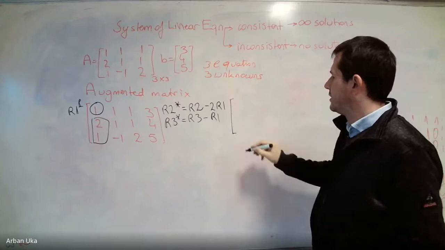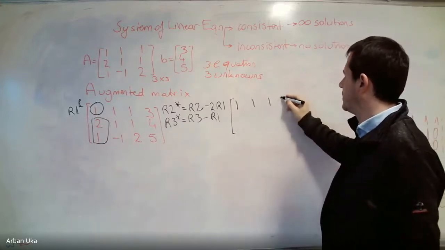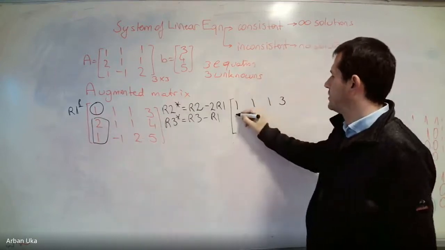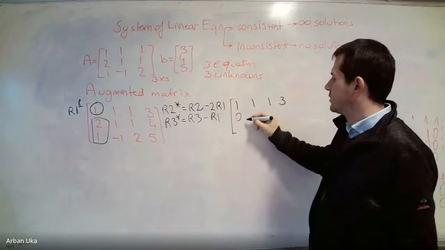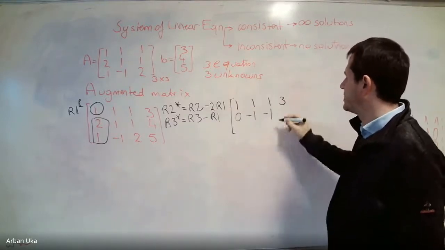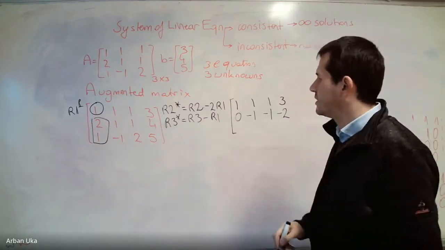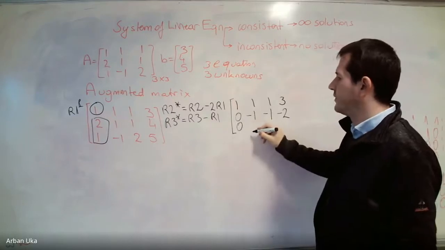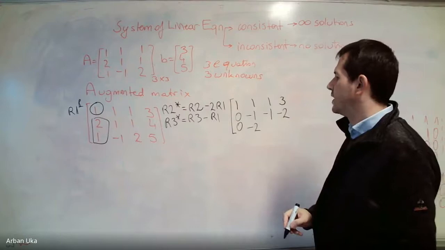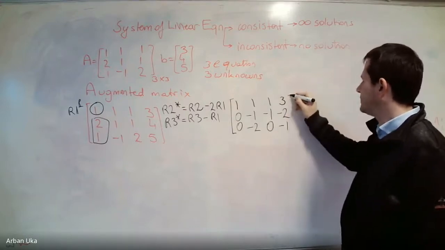And then what we get is the following. This stays the same, 1, 1, 1, 3. Then we have 2 minus 2, 0, 1 minus 2, minus 1, 1 minus 2, minus 1, and 4 minus 6, minus 2. Then we subtract row 3 minus row 1, so we get 1 minus 1, 0, minus 1 minus 1, minus 2, 2 minus 1, 1, 5 minus 3, 2.